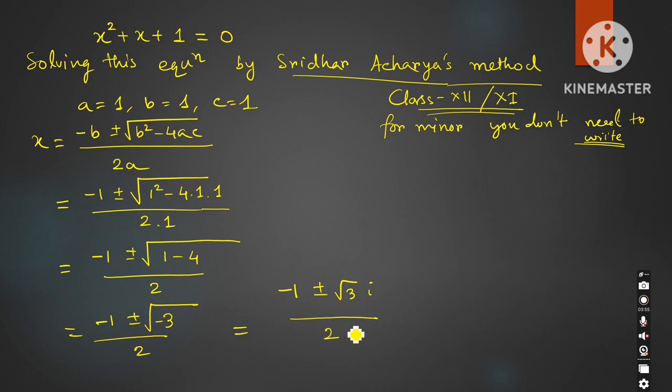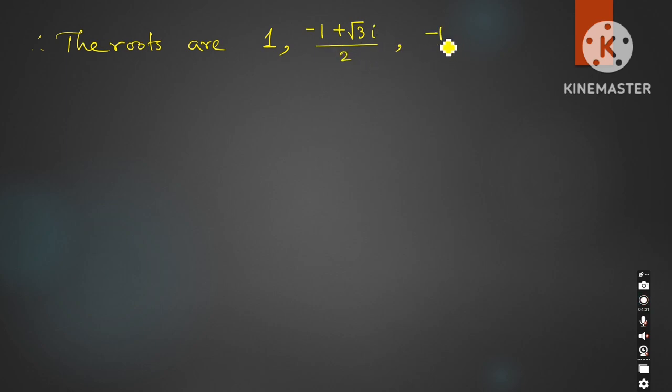So it is clear that there are two roots here. One is minus 1 plus root 3i divided by 2, and the other is minus 1 minus root 3i divided by 2. So the roots are: first 1, which we get from the first condition x minus 1 equals 0, and the second roots we just found, minus 1 plus root 3i divided by 2 and minus 1 minus root 3i divided by 2.